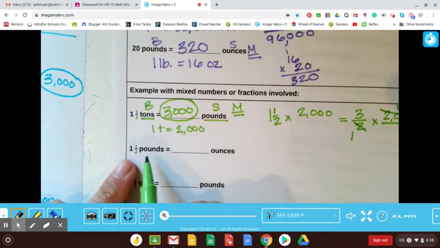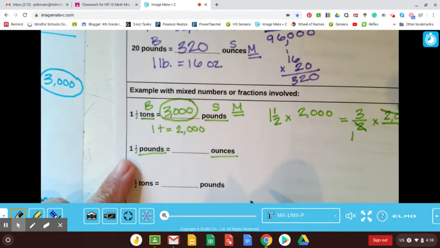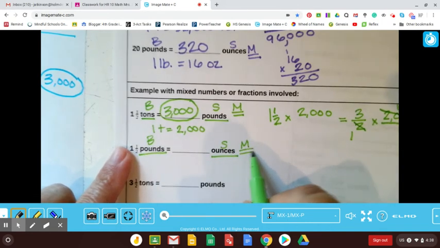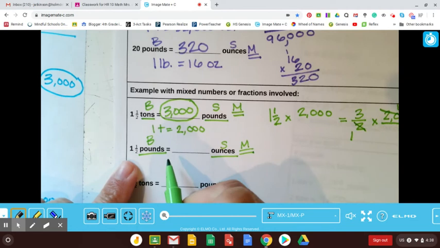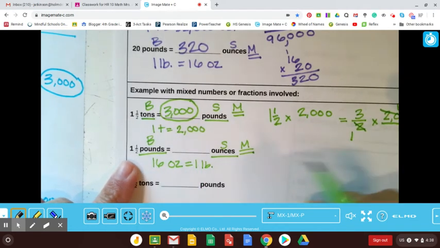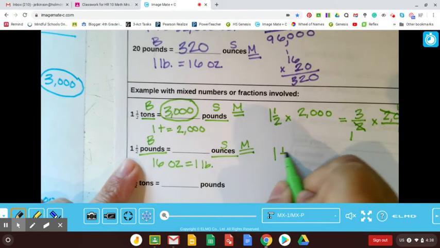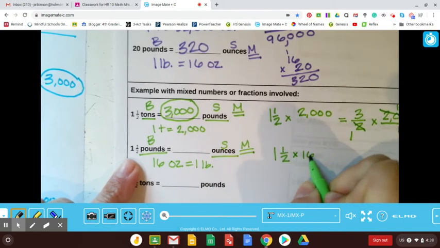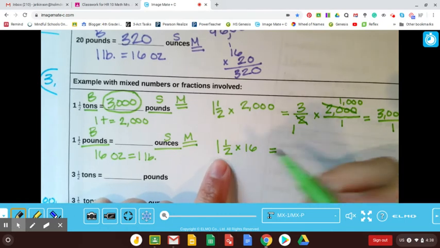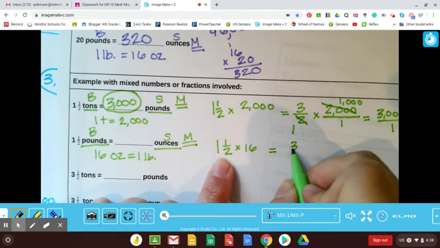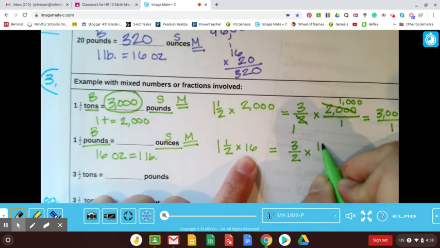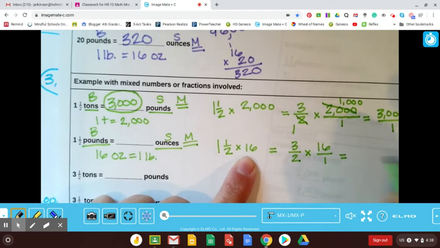All right, how about 1.5 pounds is how many ounces? Bigger, smaller, multiply. All right, I know that there's 16 ounces in 1 pound, so I'm going to multiply 1.5 times 16. First, change it into an improper fraction, so that would be 3 halves times 16 over 1.